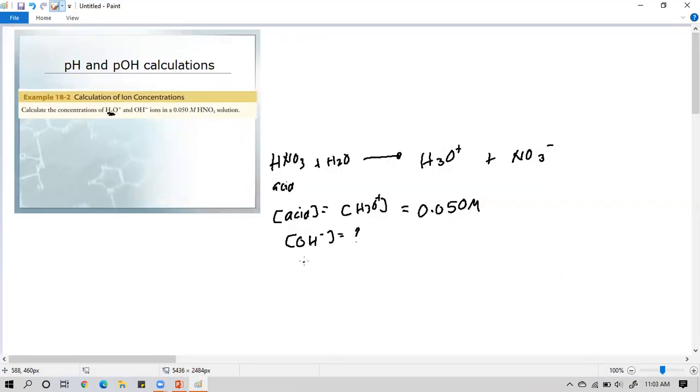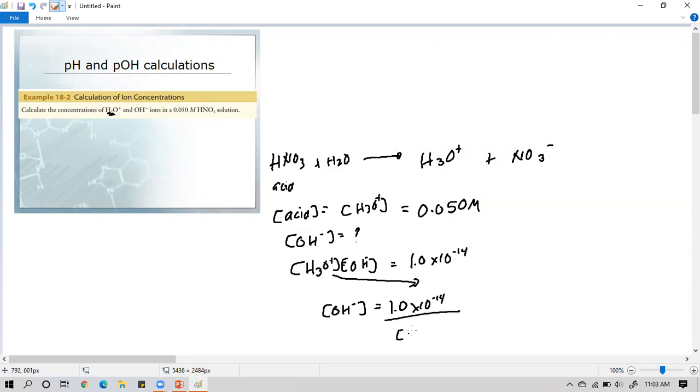To isolate the hydroxide ion, we get hydroxide ion equals 1.0 times 10 raised to negative 14 all over the concentration of the hydronium ion, which is 0.05 molar. So substitute the known values: 1.0 times 10 raised to negative 14 all over 0.05 molar.